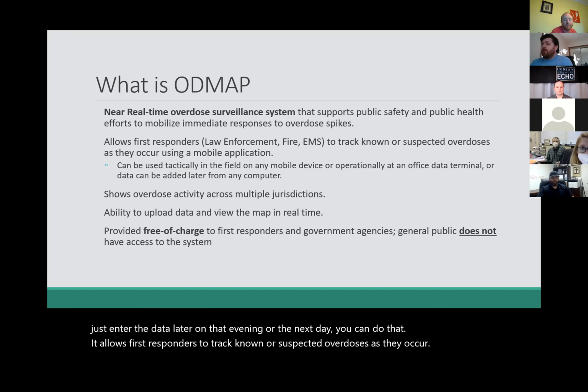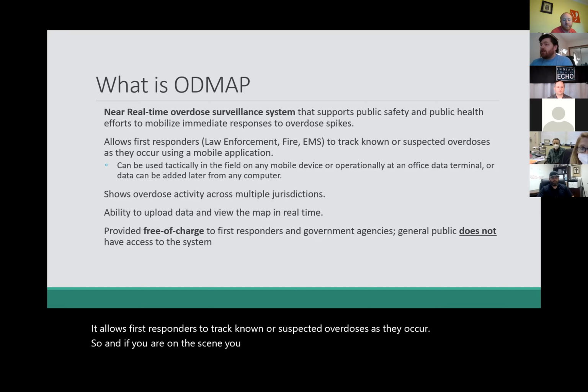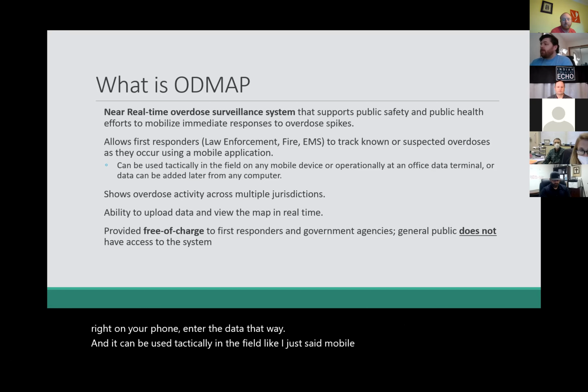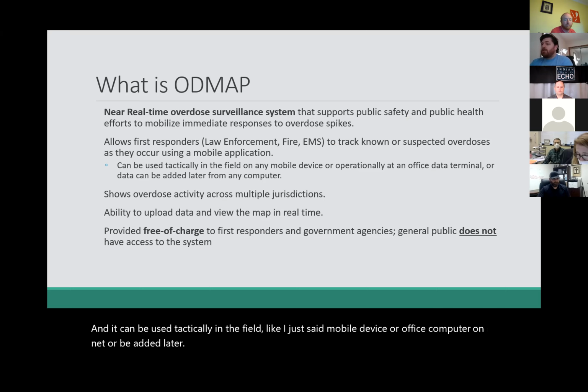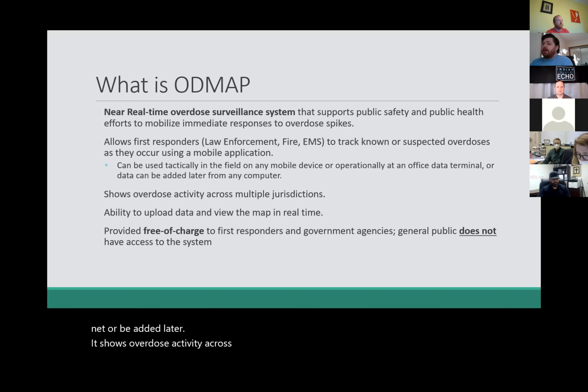If you are on the scene, you can use the mobile application. You can just pull it up right on your phone and enter the data that way. It can be used tactically in the field, on a mobile device or office computer, or be added later. It shows overdose activity across multiple jurisdictions, and it has the ability to upload data and view maps in real time.